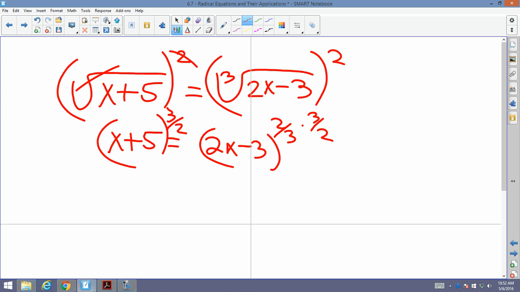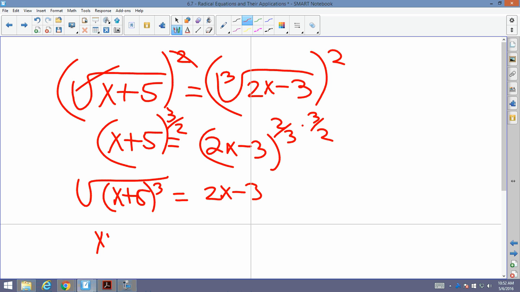So now this is the square root of x plus 5 cubed equals 2x minus 3. How many x plus 5s can I take out of here? You can take 1. 2 goes into 3 one time. So I'd have x plus 5 times the square root of x plus 5, which equals 2x minus 3.